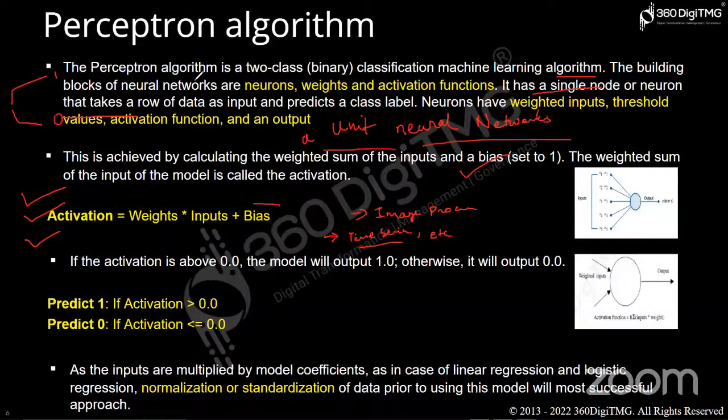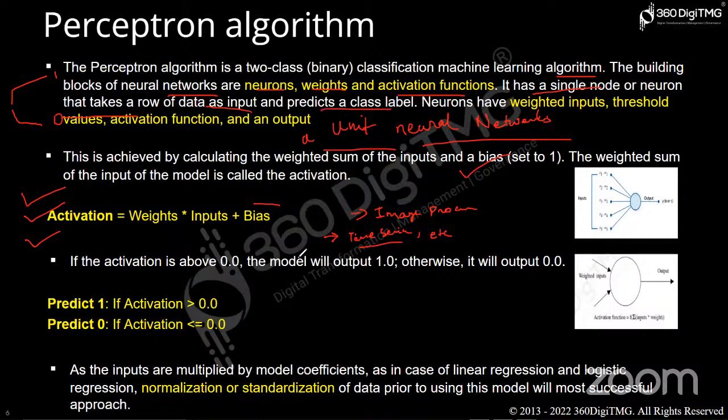This perceptron algorithm is a two-class classification algorithm. It is the building block of a neural network. The building blocks of neural networks are neurons, weights, and activation functions. It has a single node or neuron that takes a row of data as input and predicts a class label.